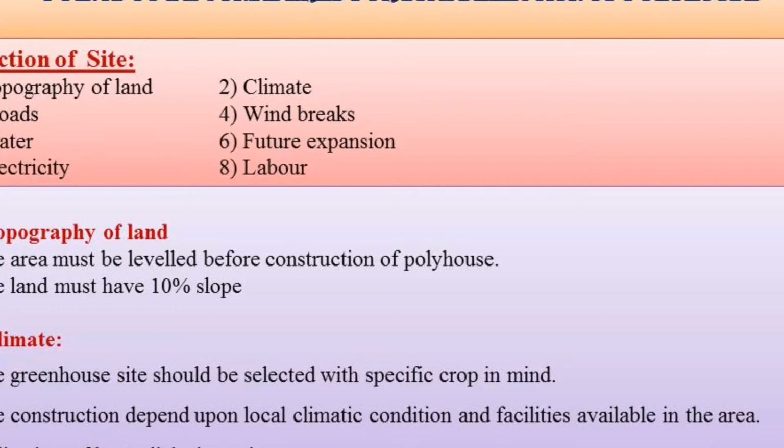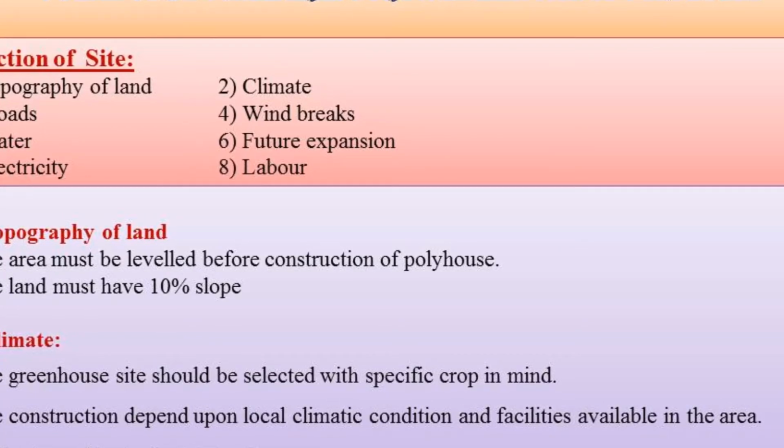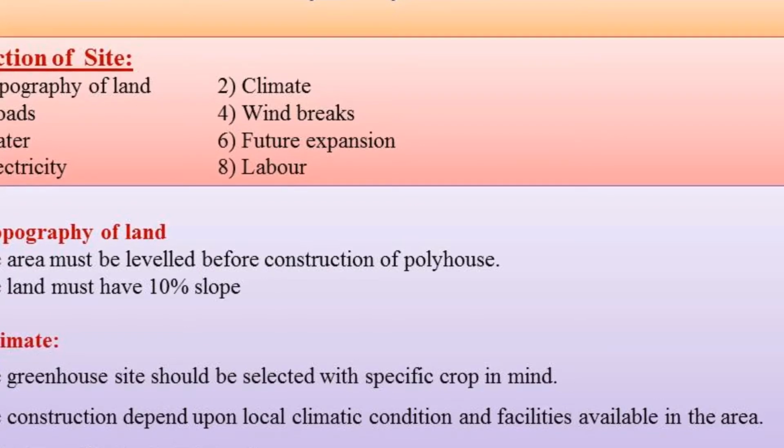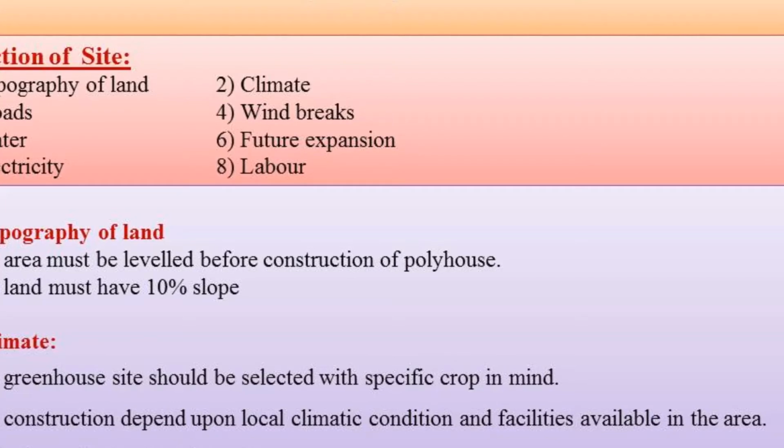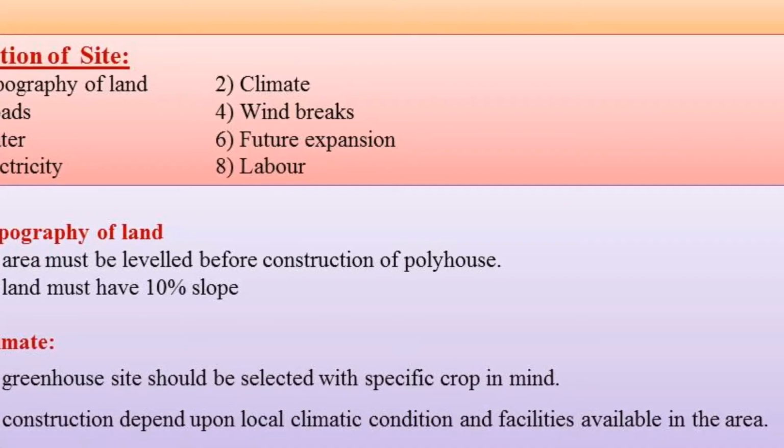Then the second factor is climate. The greenhouse site should be selected with a specific crop in mind. That means construction depends on the local climatic conditions and factors available in the area. Factors means some facilities available in the area.